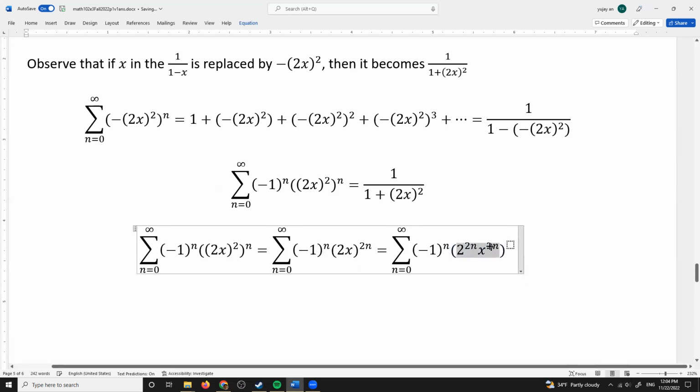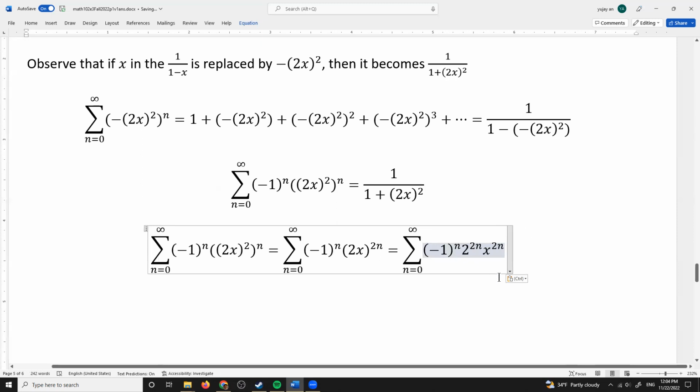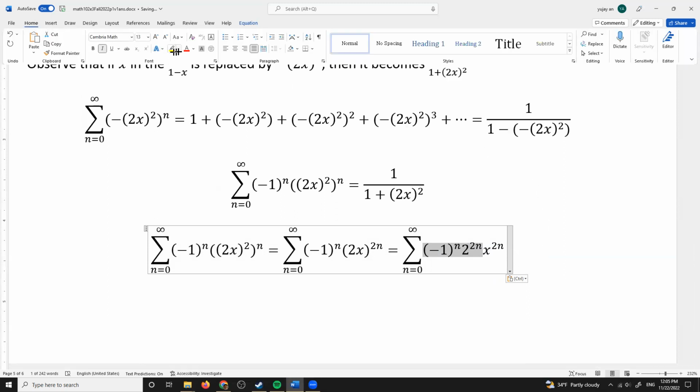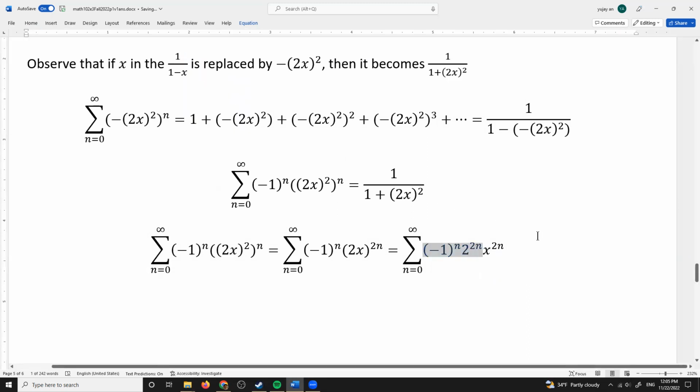So that's what you get after applying the 2nth power separately. And that's it. That's the answer, and it has the form of some coefficient times x to the 2n. So let me change the color of just the front part so that it's easier to see what's going on. So this part is the coefficient, and that's x to some power. So it's a power series. So that's the correct answer.